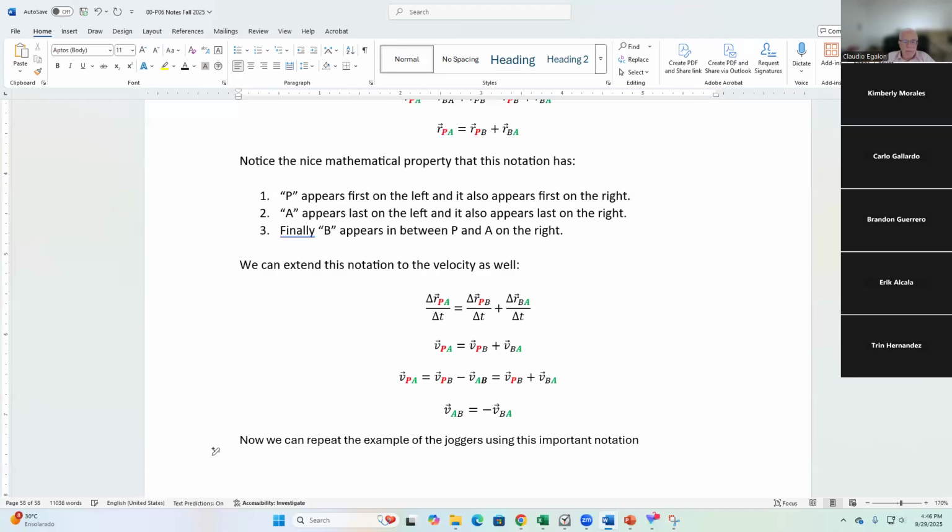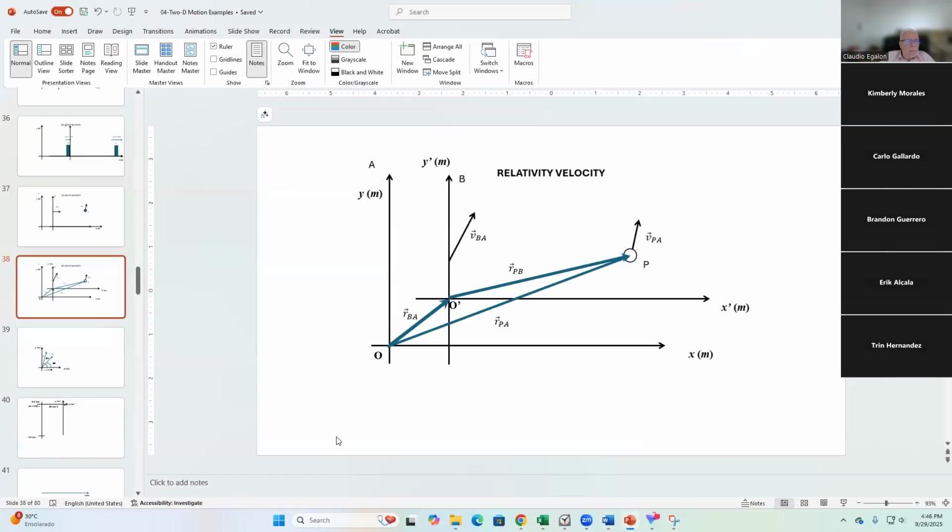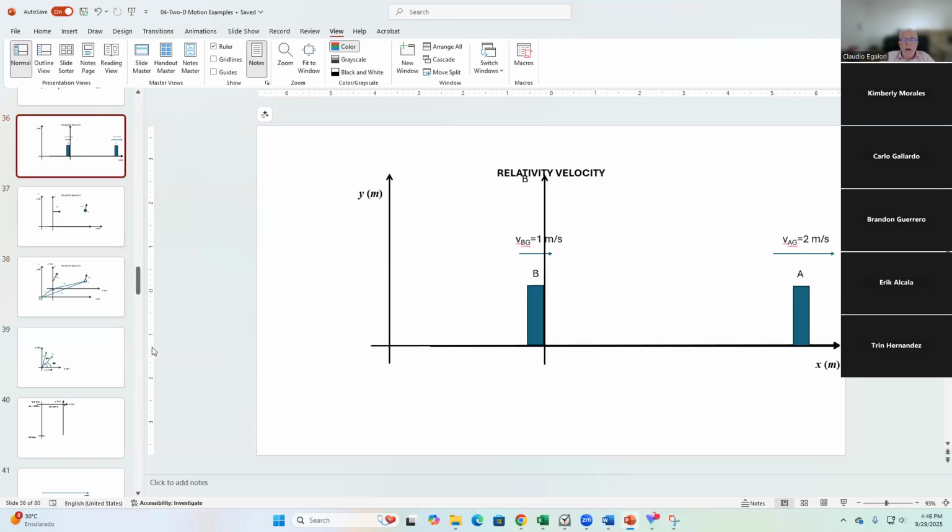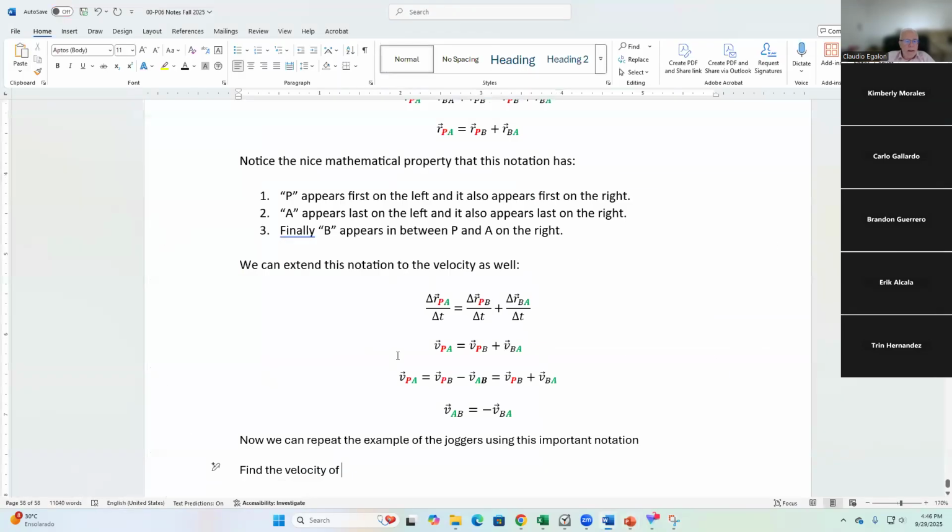What do we want to do? Find the velocity of A with respect to B. Let me go back here. Here's the velocity of B with respect to A, okay? Let's do that. Velocity of B with respect to A using the above notation, okay?